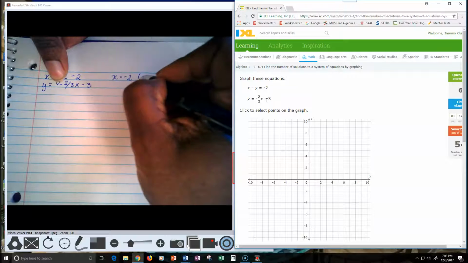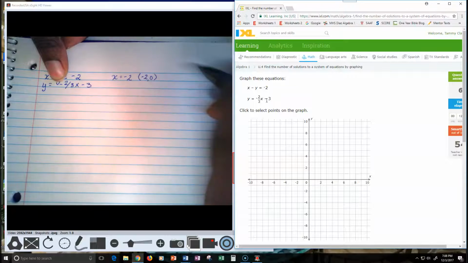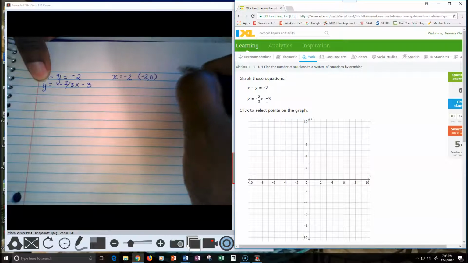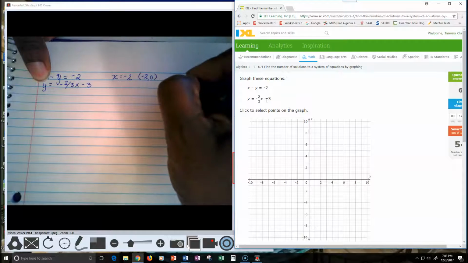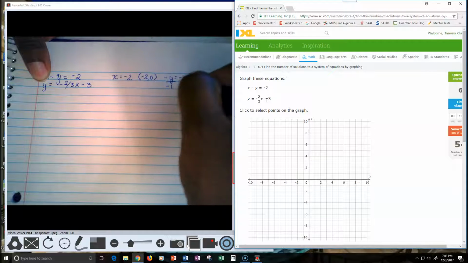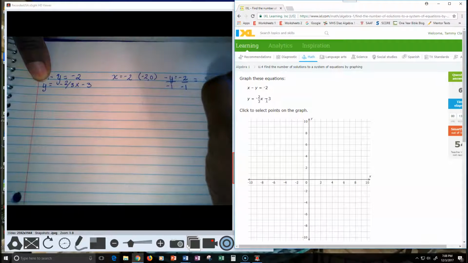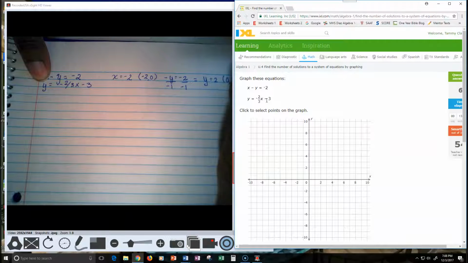That means my ordered pair would be -2, 0. Cover up x, and I have -y is equal to -2. Well, I don't want -y. So I must remember to either multiply or divide both sides of the equation by -1, and that would give me positive y is equal to 2. Therefore, my ordered pair would be 0, 2.